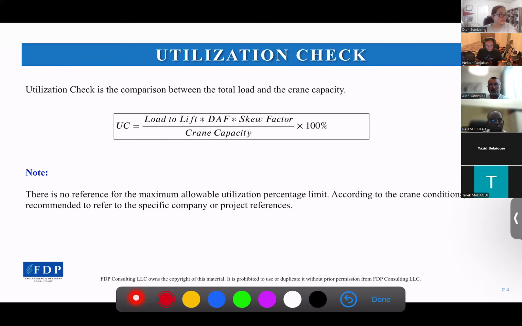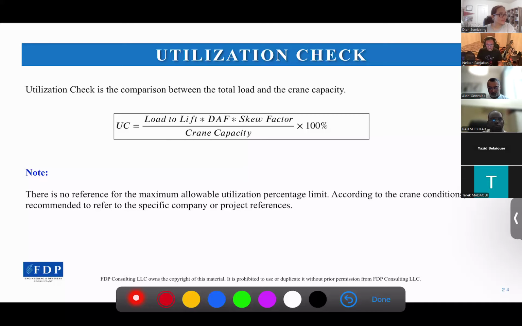For the maximum UC for the crane, you can refer to the project or your company requirement. Like in my company here, we are only allowed to use the cranes if the UC maximum is 80%. And I believe it refers to the ASME maybe.